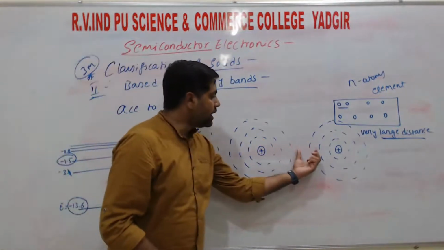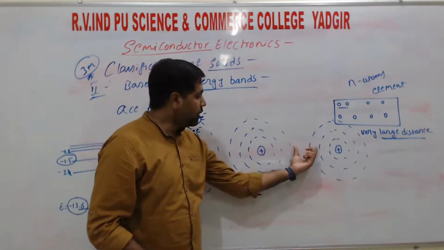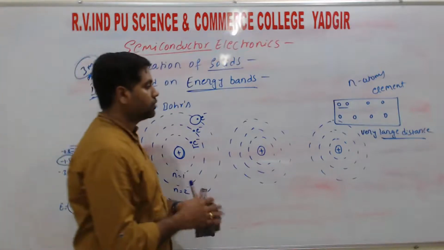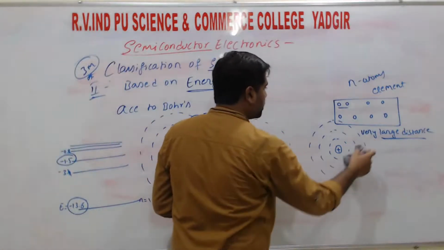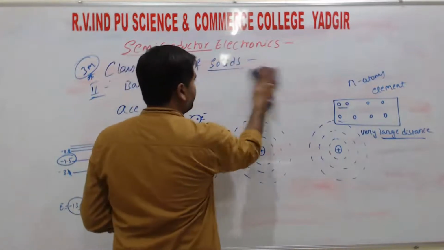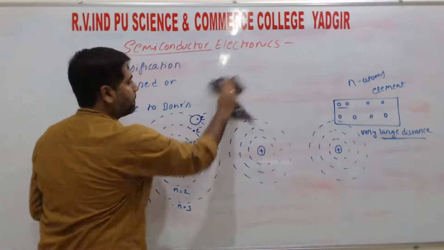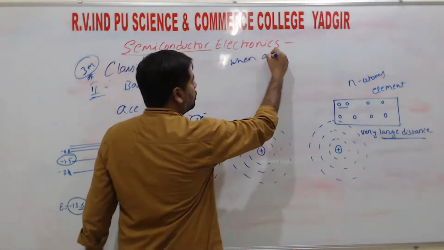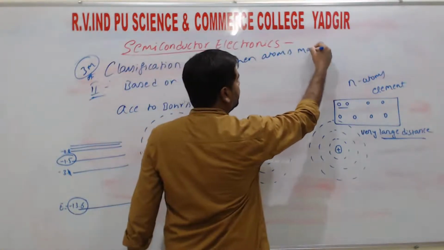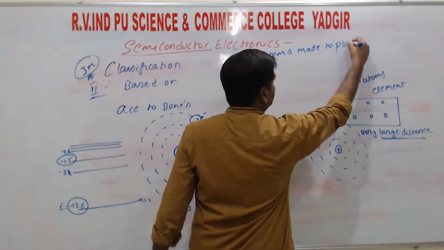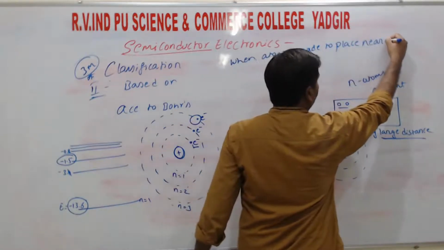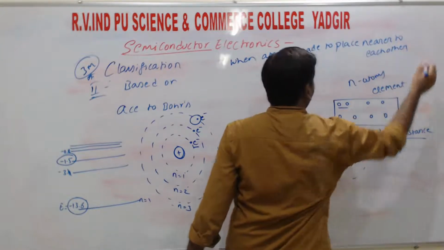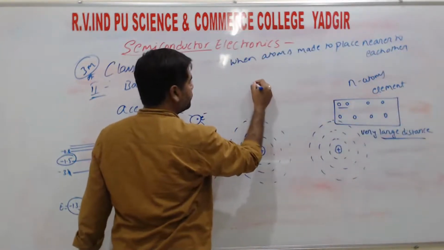That means the energy orbits will overlap with the first atom, right? So this one was kept at a very large distance. When atoms are made to be placed nearer to each other, what happens that time?